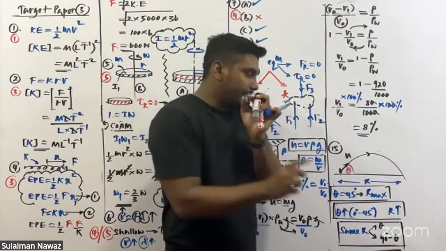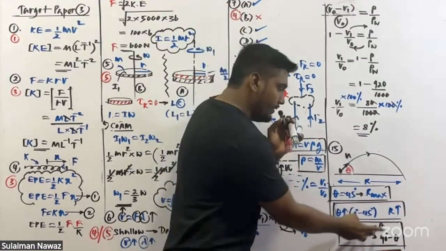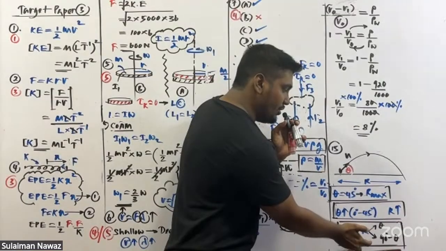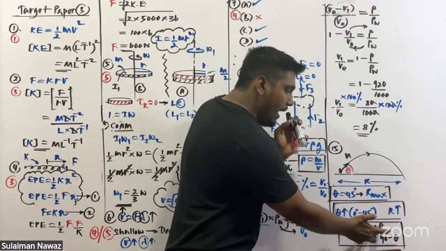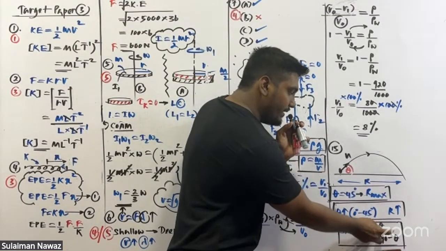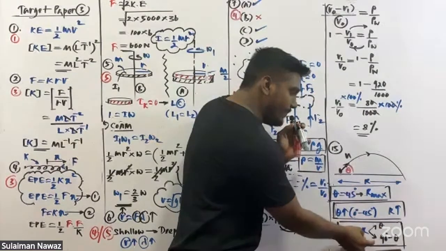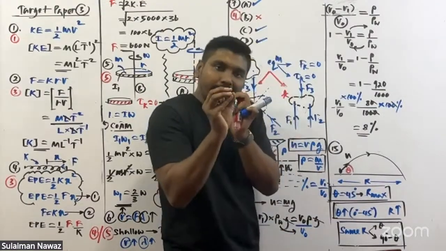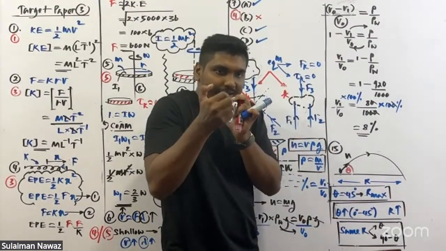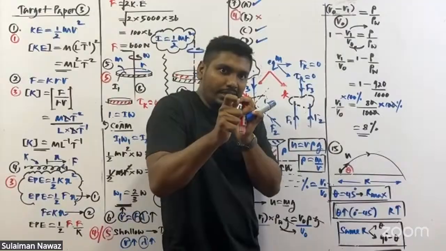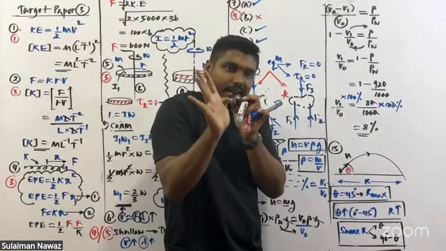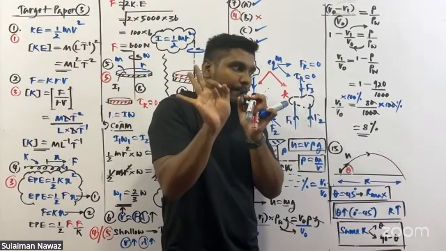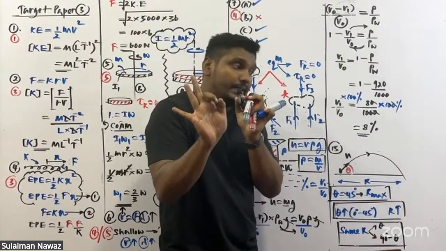I told you that this condition, same horizontal range, you will get in two different projection angles. When the angle is theta, you get same R. When the angle is 90 minus theta also, you get the same R. Just consider 30. We removed 45 degree and 40, then we are having in our hand 30 degree option 1, 60 degrees option 4, 75 degrees option 5.